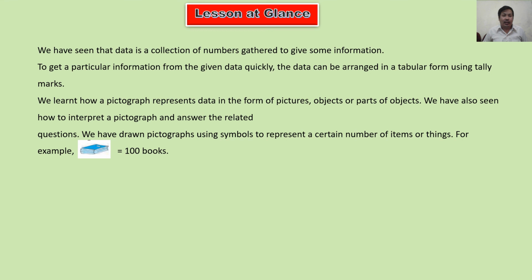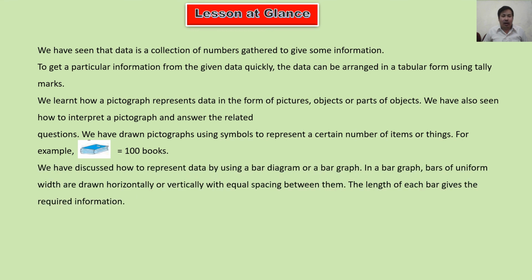Next, we discussed how to represent data by using a bar graph or bar diagram. In a bar graph, bars of uniform width are drawn horizontally or vertically with equal spacing between them. The length of each bar gives the required information.